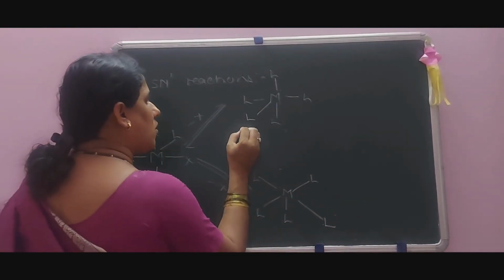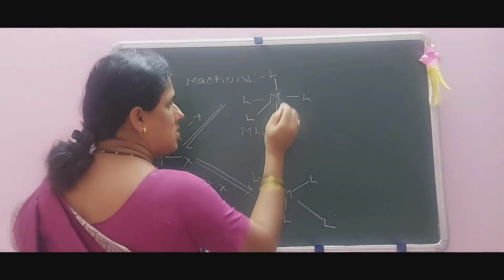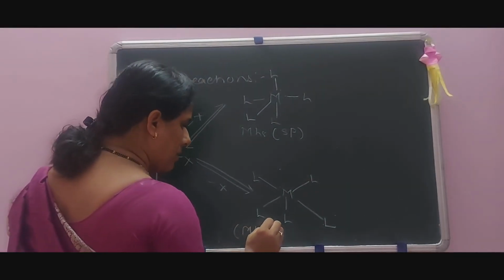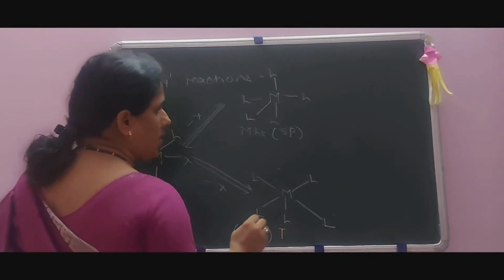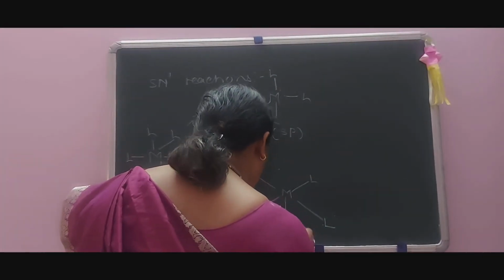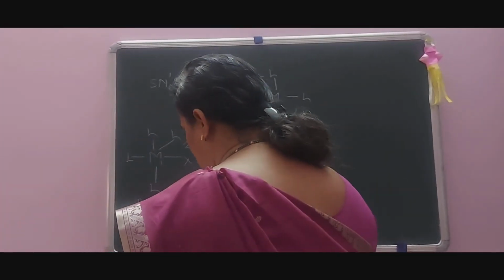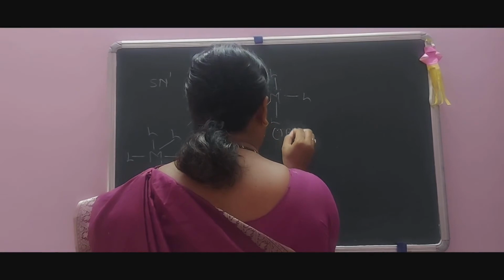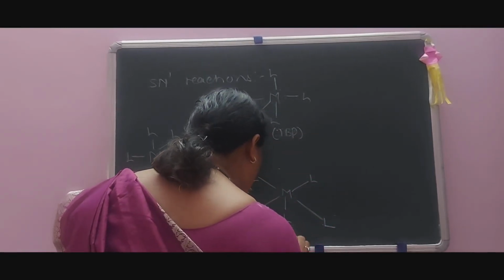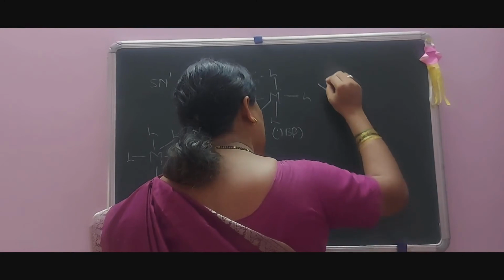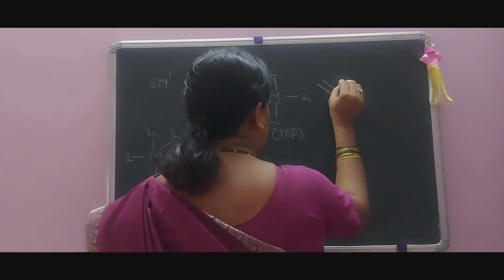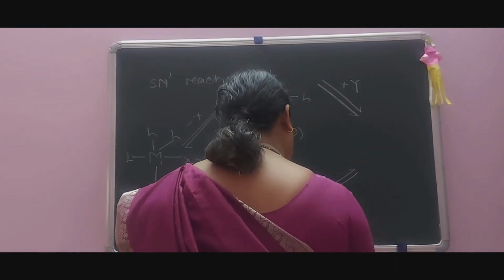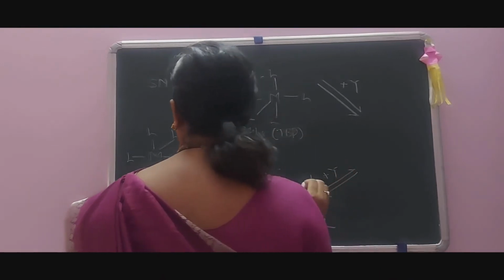This geometry is ML5, square pyramidal, and here ML5 is trigonal bipyramidal. This is the TBP, the trigonal bipyramidal, and this is the square pyramidal. Now, like this, here plus Y, here also plus Y. What happens here?